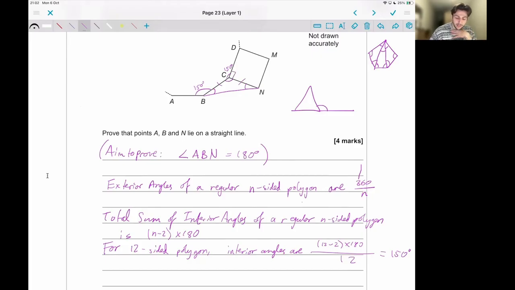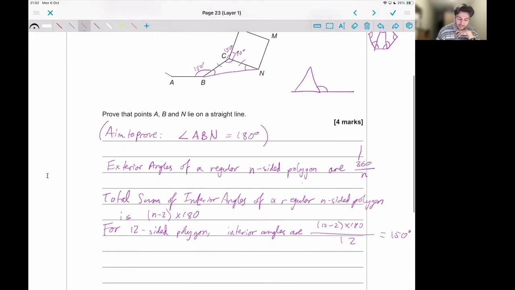We know the interior angle here is 90 because it's a square. So we know then that angle BCN is 360 minus 90 minus 150. And that will give us 120. So this is 120 degrees.